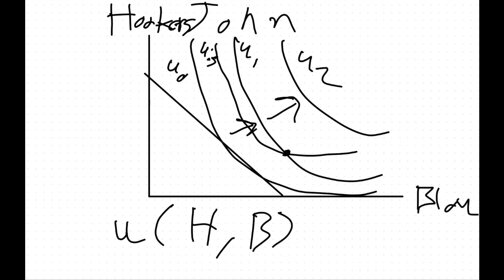Basically it means that as you get more hookers or more blow, you will always prefer a greater amount of hookers and blow to the current amount that you have. We're going to make that an assumption.